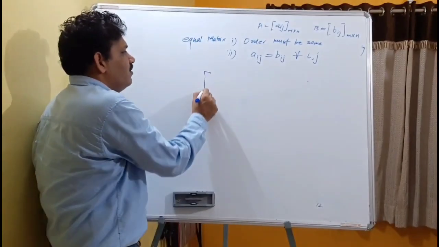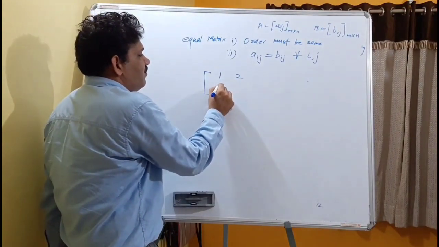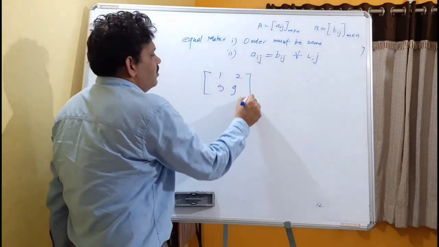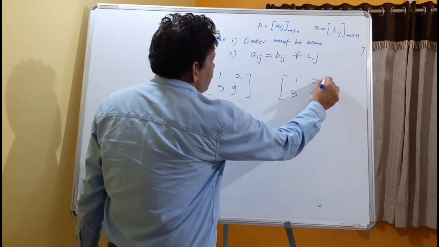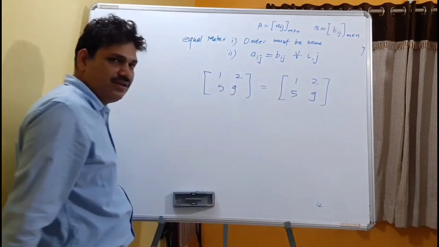See, if I have a matrix 1, 2, 5, 9 and another matrix 1, 2, 5, 9, then these two matrices are equal.